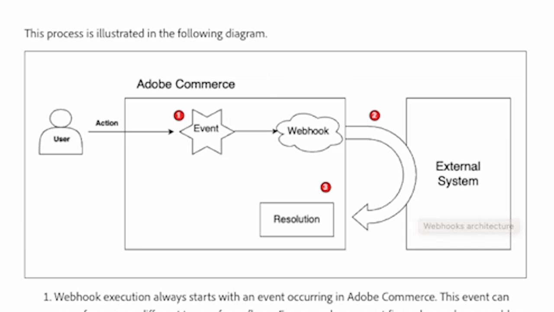What we do using the Webhook is attach an external URL to the event, and when the event is executed, the Webhook automatically calls that external URL using a specific payload and header and gets the response back from the external system. And using this response, we can now manipulate the behavior of Commerce. So this is how the event and the Webhook work.